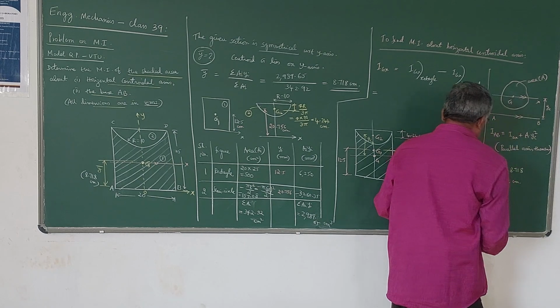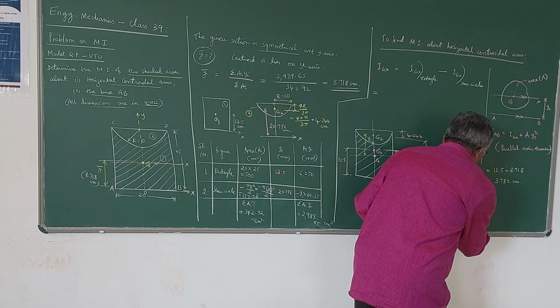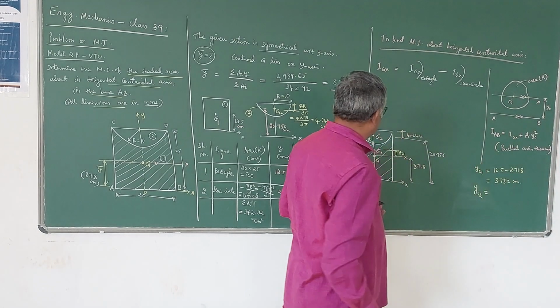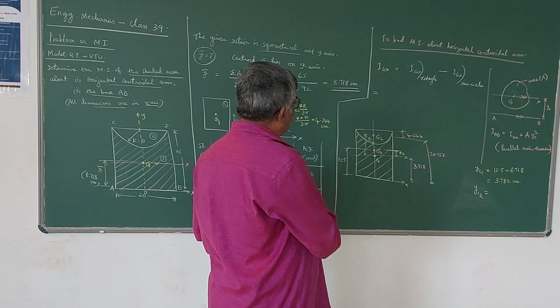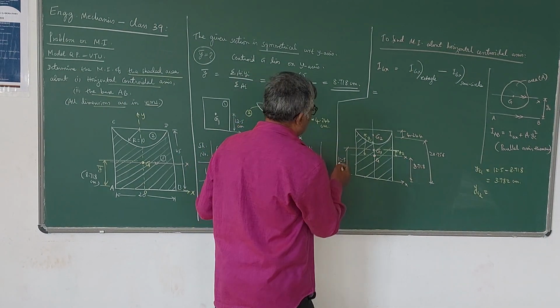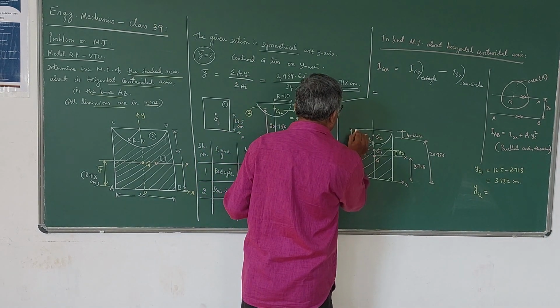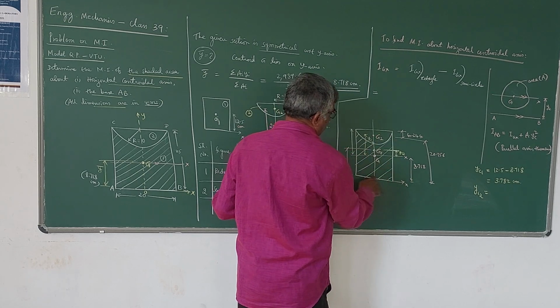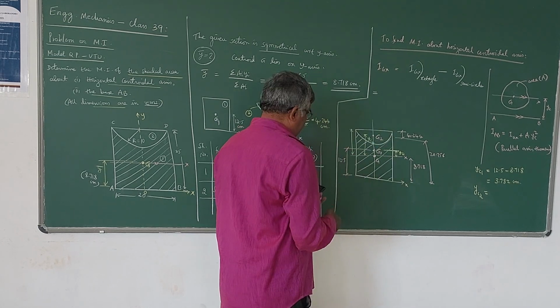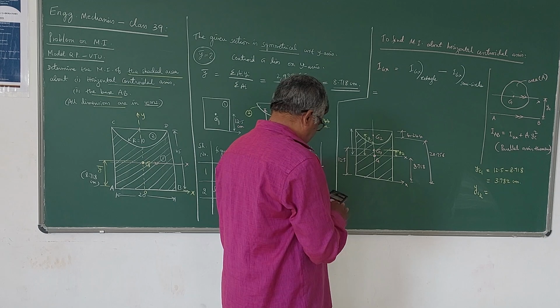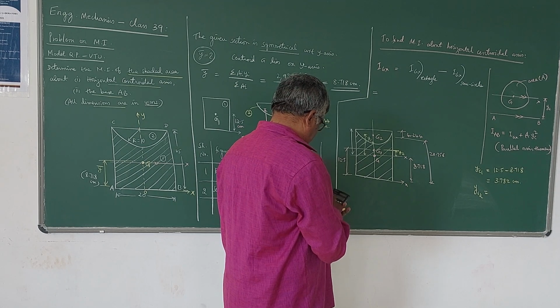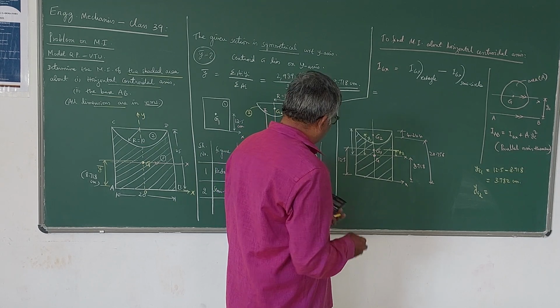3.782 centimeters. Now YC2, the distance between G and G2. This distance is 25 minus this 8.718, correct? 25 minus 8.718 is 16.282.